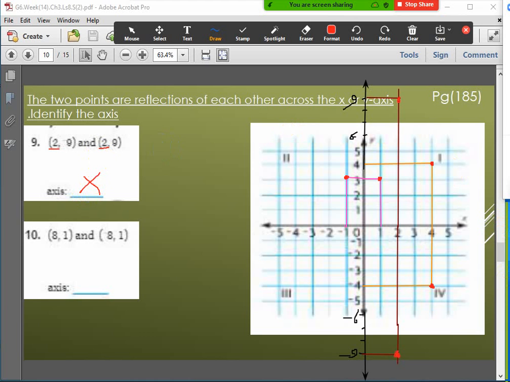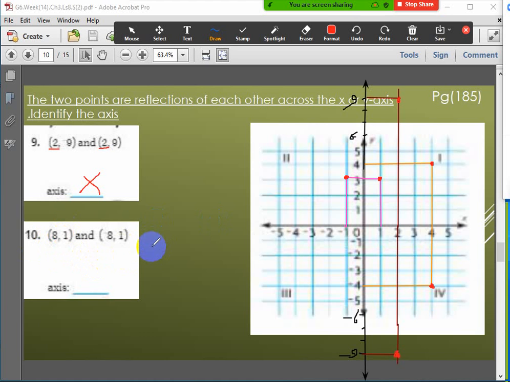Now, number 10. I want you to tell me, Rina, which is the line of symmetry without drawing the points. No, no, it will not be a heart.